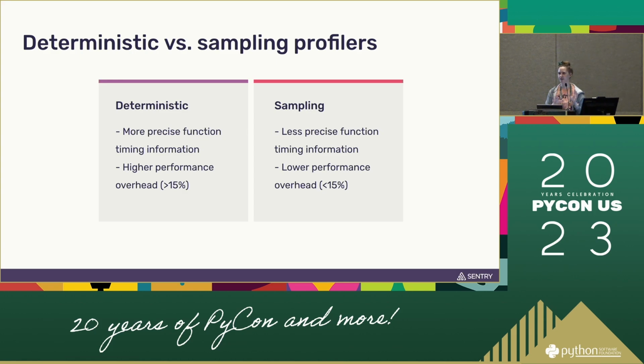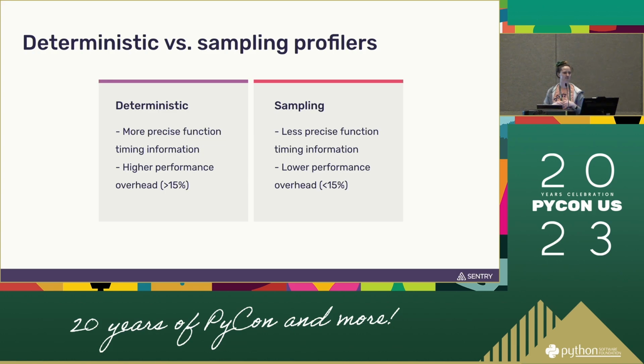Every time a function starts or ends or an exception happens, your deterministic profiler takes note of that. They also definitely have a higher performance overhead. Doing this for every single function start and end takes up a lot of overhead. This slide says more than 15% overhead, but in reality, it can be a lot more than that. It can be 200%, 2 times, 3 times, even more.